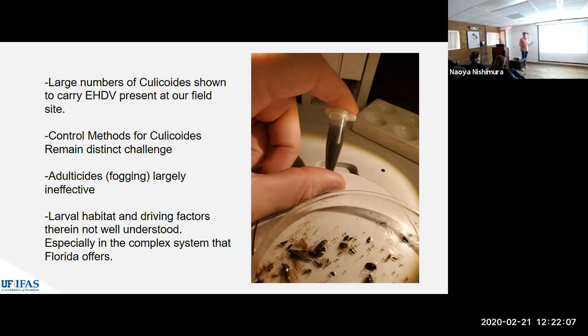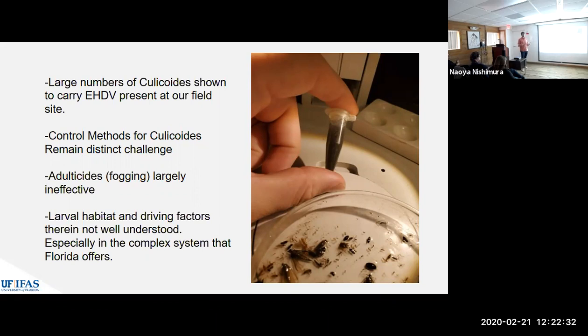Adulticides and fogging have not been proven to be very effective, even in small contained areas. And larval habitats and the driving factors within them are also largely not well understood, especially here in Florida, where we're working with multiple species and some more complex habitats.